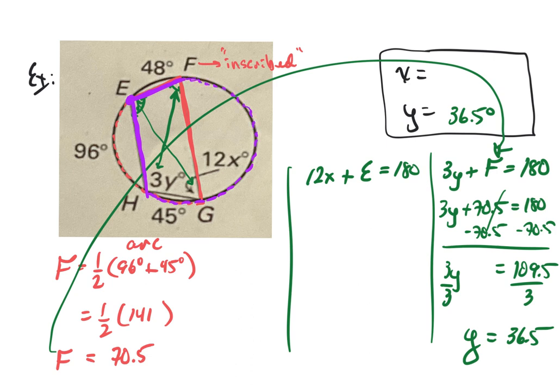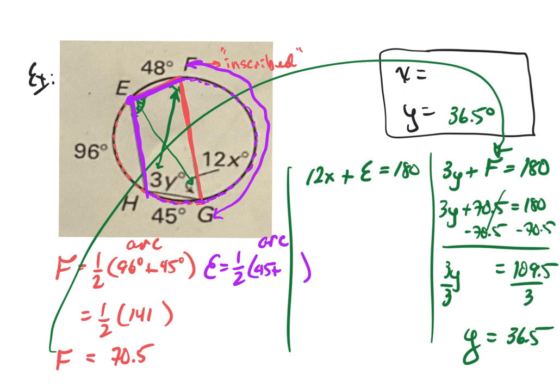The arc would be the one that starts at H, goes through G, all the way around to F. And we know that the angle is going to be half of the arc. But again, the arc is broken up into two chunks. One chunk, H to G, is 45. And then the other chunk from G all the way around to F, that one's missing.